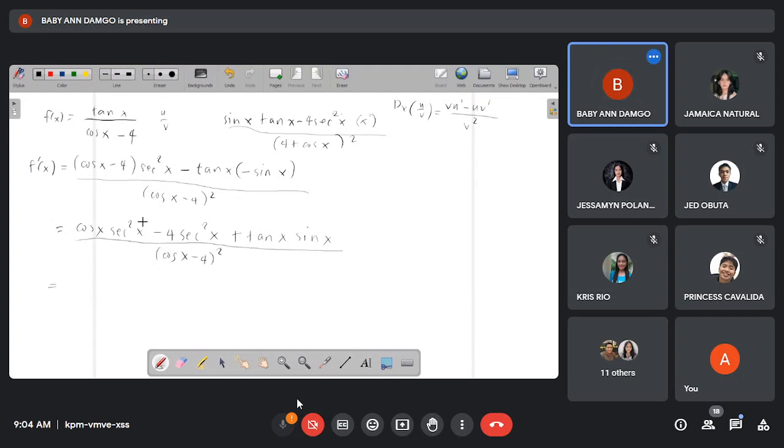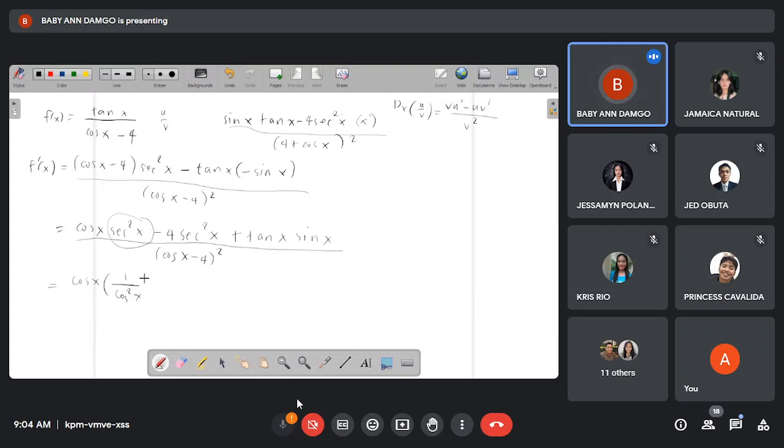What is the identity here? 1 over cosine x, 1 over cosine squared x.